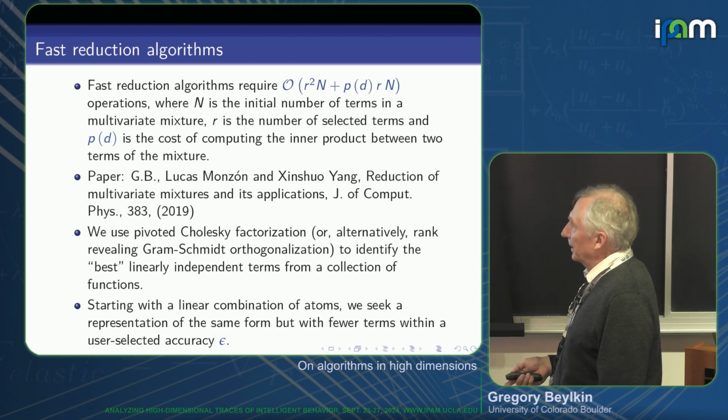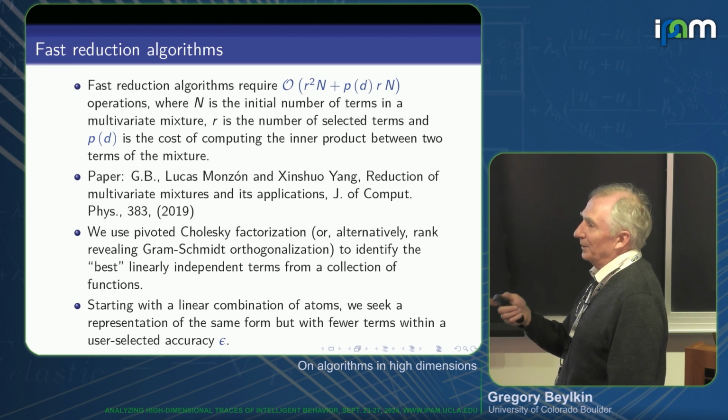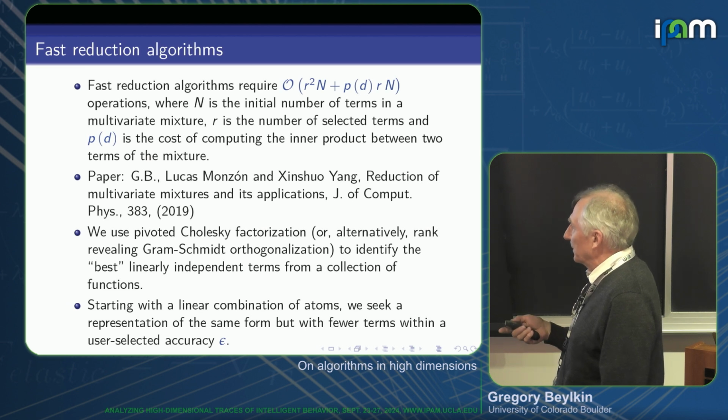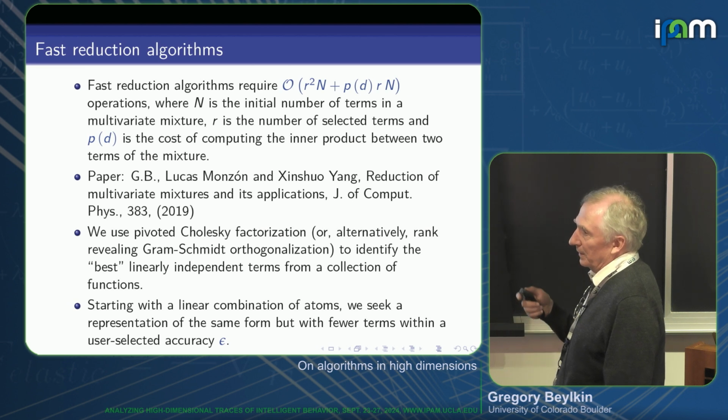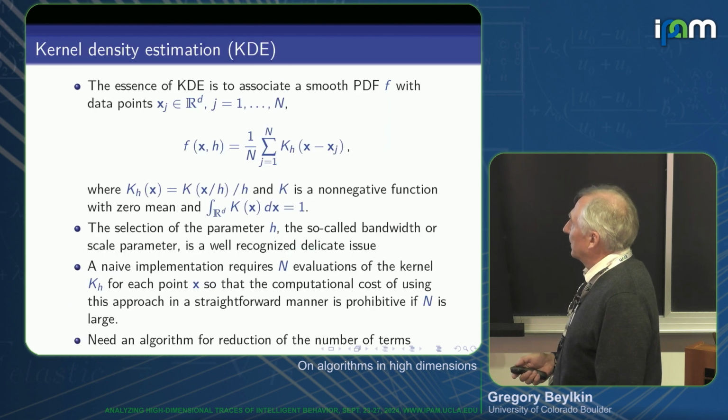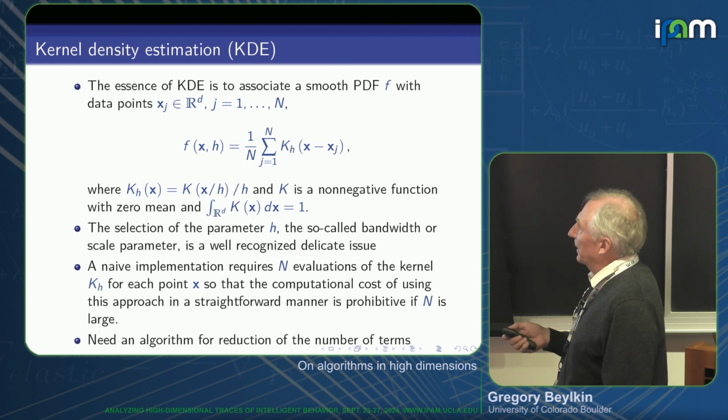And so you don't create the full matrix, you create the diagonal, you pivot and create only things that you need for the next step. It's very simple, and mathematics is there to show that what you get is controlled by the smallest pivot that you reach. Okay. Alternatively, you can use rank revealing Gram-Schmidt. We have yet another algorithm in that paper, and it works.